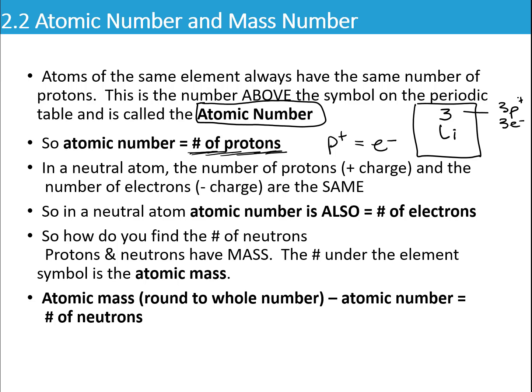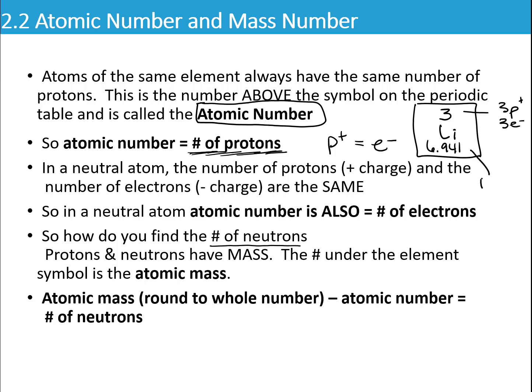So you don't even have to do any math with that. It just tells you. The only other question is neutrons. How do you figure out how many neutrons? Remember, protons and neutrons give the atom mass. Electrons basically have a mass of 0. So the atomic mass is the number that's below. In lithium, it's 6.941.